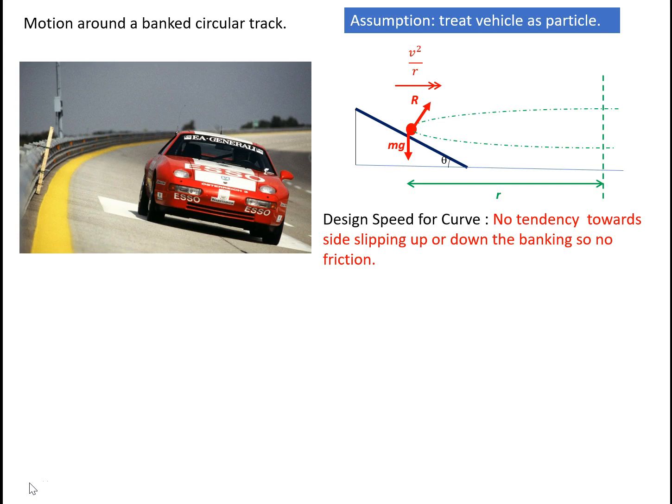So, applying Newton's second law, first of all, vertically, the vertical component of R is going to be R cos theta, because the reaction is making an angle of theta with the vertical, as we can see in the little diagram on the left.